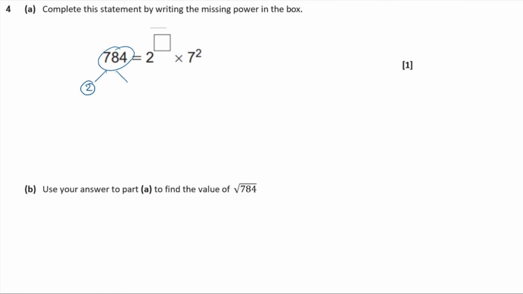392. It's half of 784. 392 has got a 2 in it, so let's take another 2 out. So that's going to give me half of 392. That's 196.